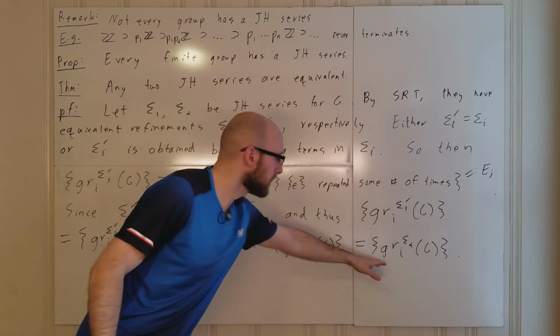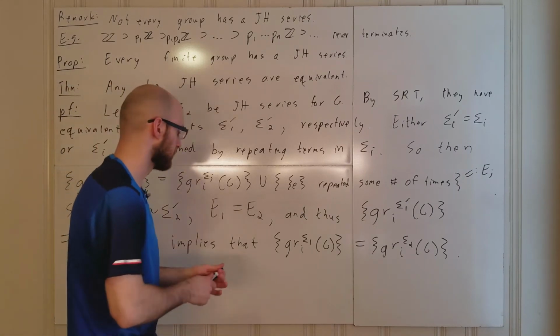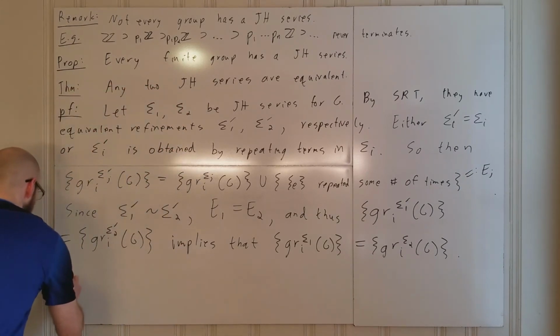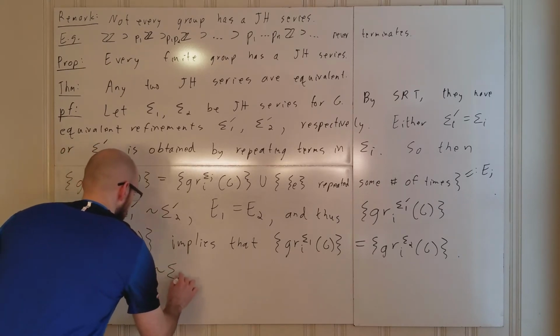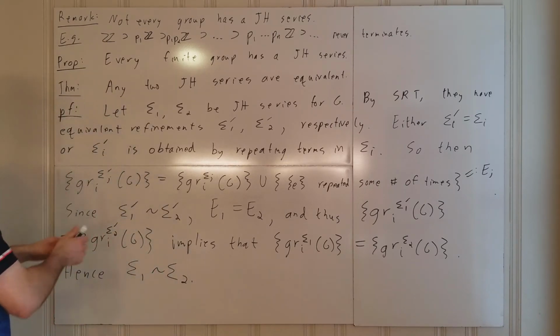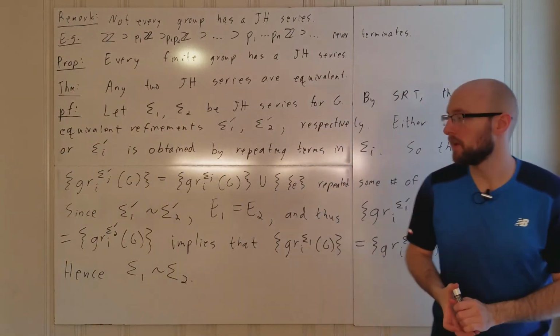And the fact that these have the same size tells us that sigma 1 and sigma 2 have the same size. So hence, sigma 1 is equivalent to sigma 2. And that's exactly what we wanted. Any two Jordan-Holder series are equivalent.